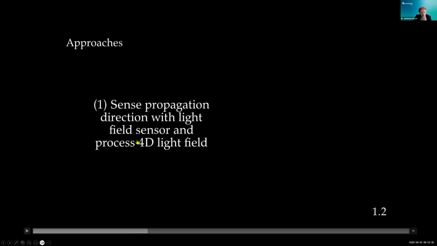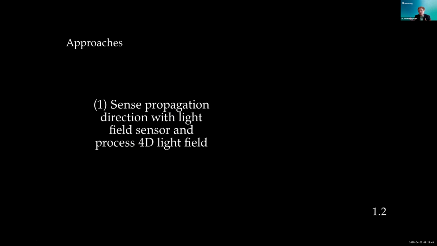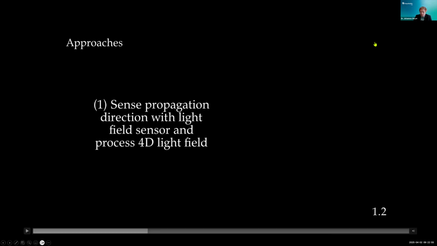The first approach would be to somehow come up with devices that allow us to sense this 4-dimensional light field. So we have 2 spatial positions on our test object, and additionally, we would need 2 further angular informations to fully characterize the spatial position and the propagation direction of the light.